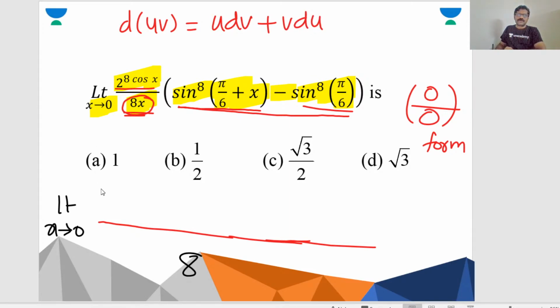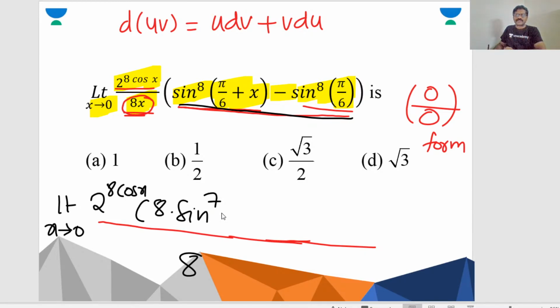Now, 2 power 8 cos x. Now, differentiation of sine power 8 of pi by 6 plus x. 8 into sine power 7 of pi by 6 plus x.